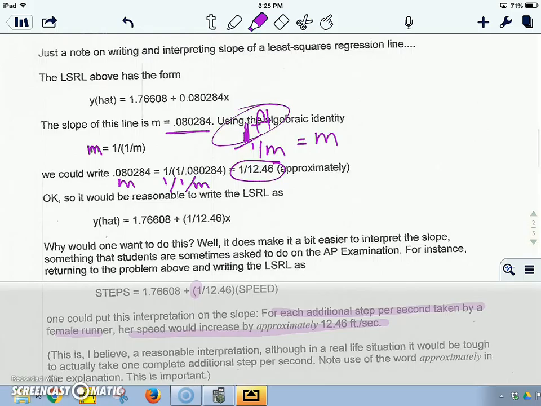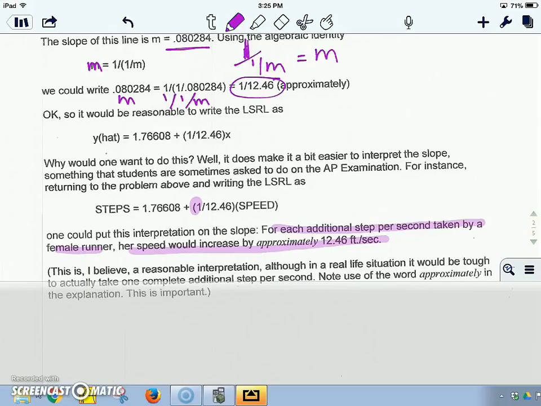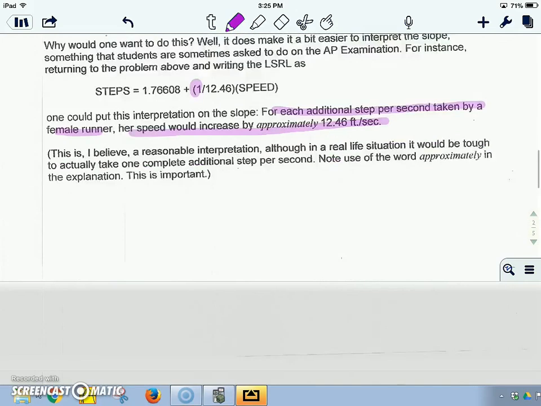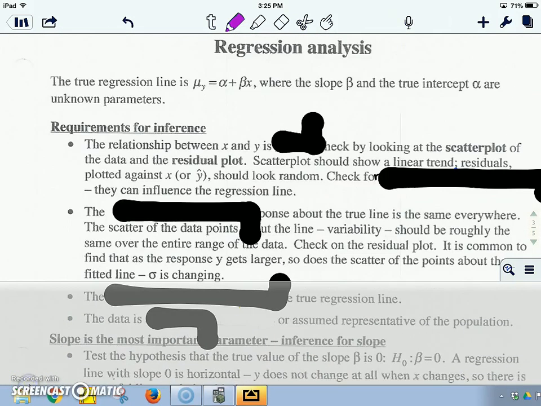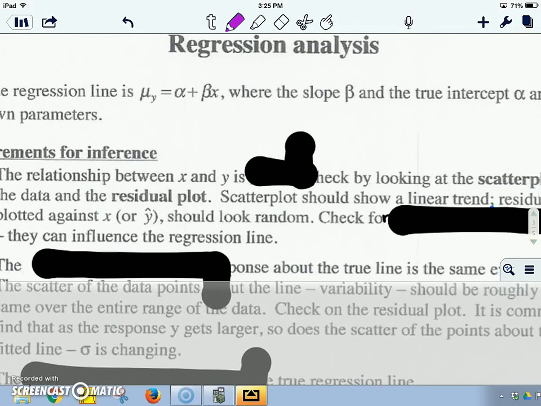Okay, so I kind of messed this up here, but does that make sense? What we're doing is we're making it something easier to say, and you don't have to do that, but if you want to, you could, to make it easier to interpret. The true regression line, the actual parameter true regression line, which we can never find, is mu of y, or the average y, equal to some alpha plus some beta times x.